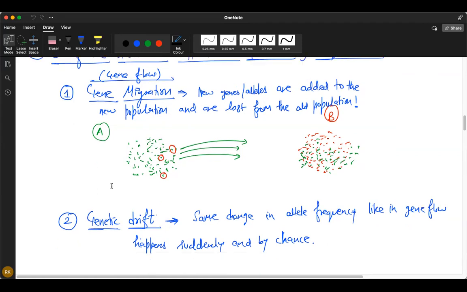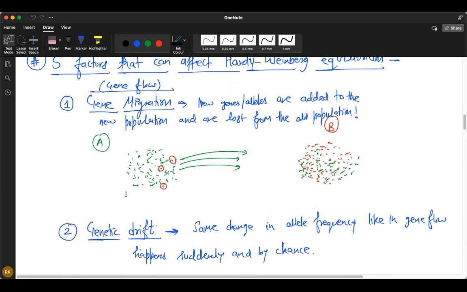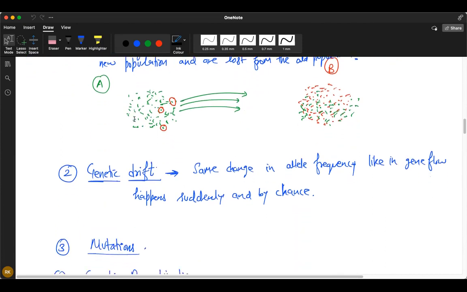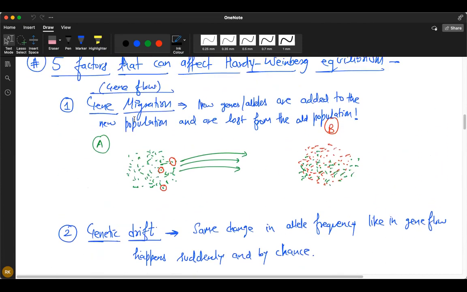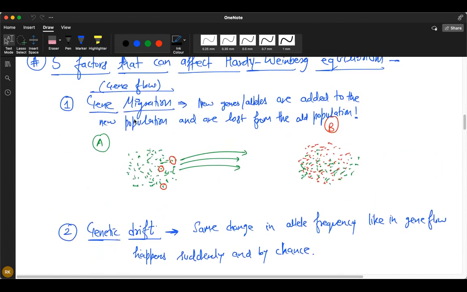How is gene migration different from genetic drift then? Because in both there is something moving from one place to another, some changes happening in one direction. So is gene flow or gene migration the same as genetic drift? Saifullah?